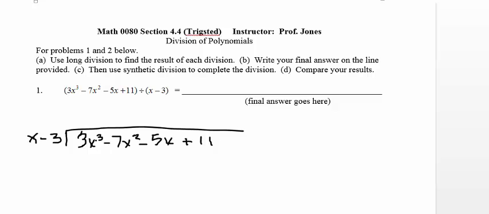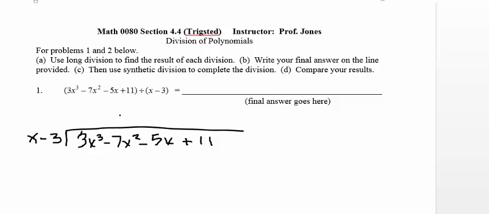And I'm going to divide x into 3x cubed. The result is 3x squared. I'm going to put that in the quotient. So x into 3x cubed is 3x squared.